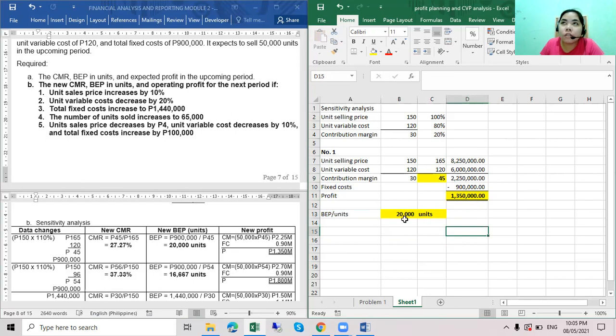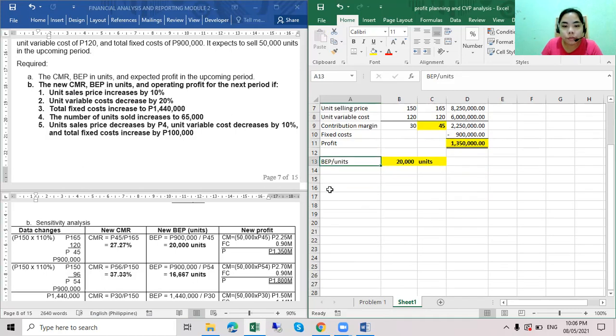So at 20,000 units, your contribution margin will equal to your fixed cost, and at expected sales of 50,000 units, you will have 1.35 million nga profit with this setting.